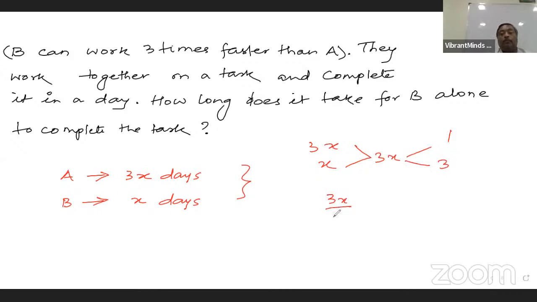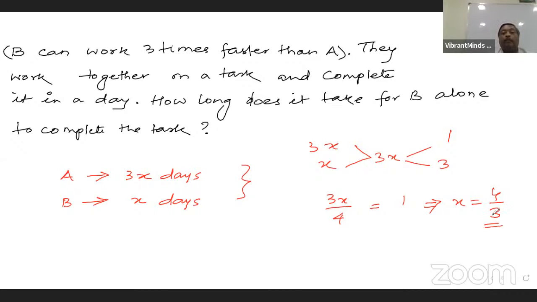Now 3x by 4 is always equal to 1. That implies x is equal to how many? 4 by 3 days. Did you get my point?